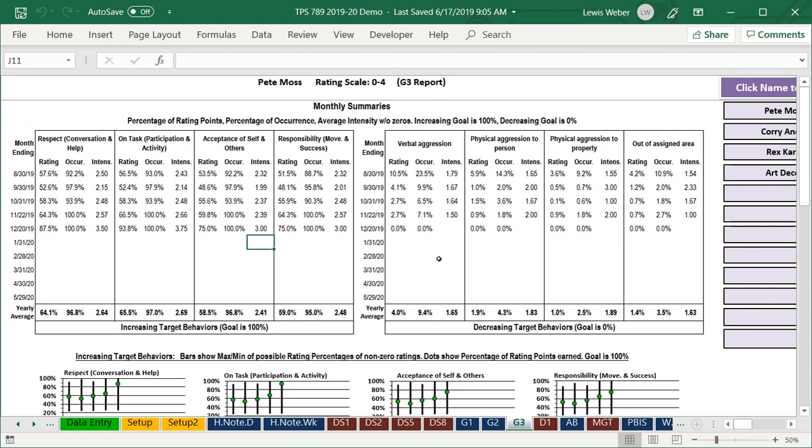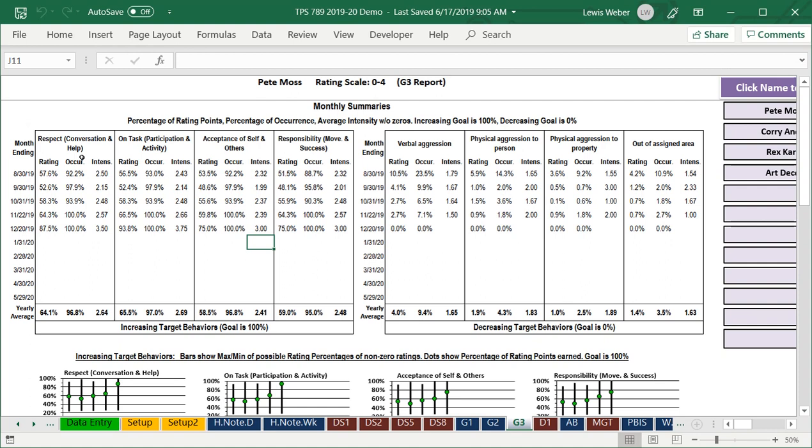Okay, so now let's hop back over here to the second column, occurrence. Occurrence is percentage of occurrence, and that means on a percentage basis, what is the percentage of the academic blocks or recording blocks when the target behavior occurred? Which means not that the student did not receive a 0, some number other than 0.